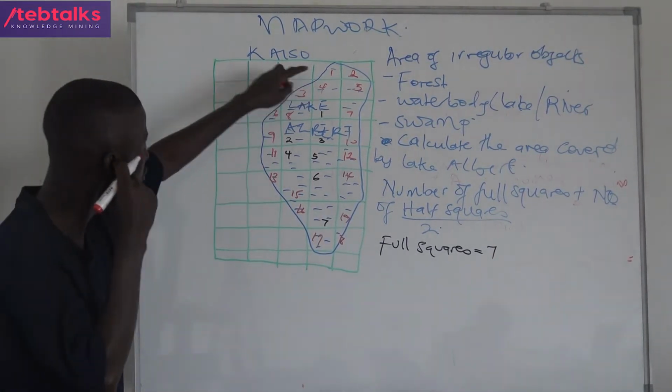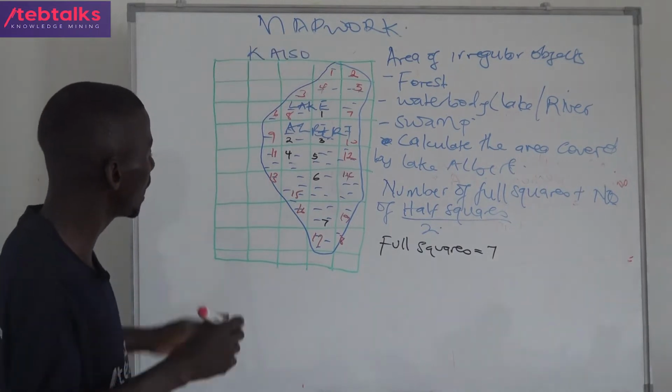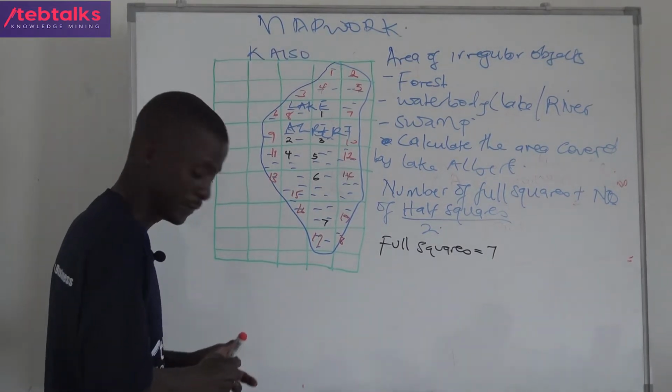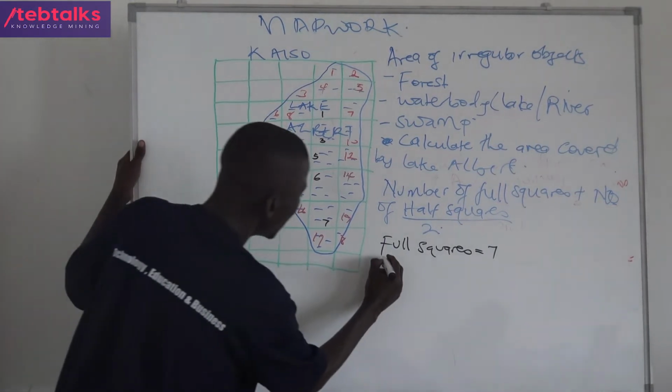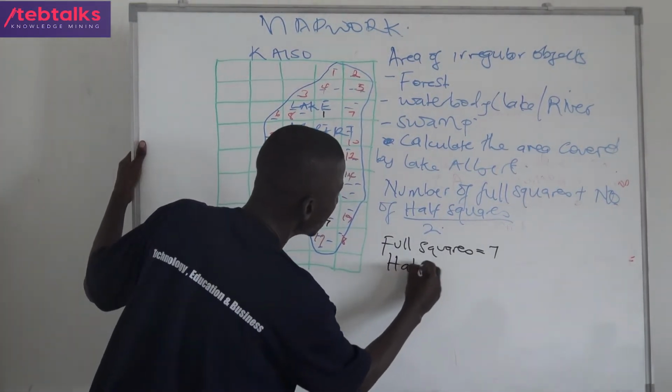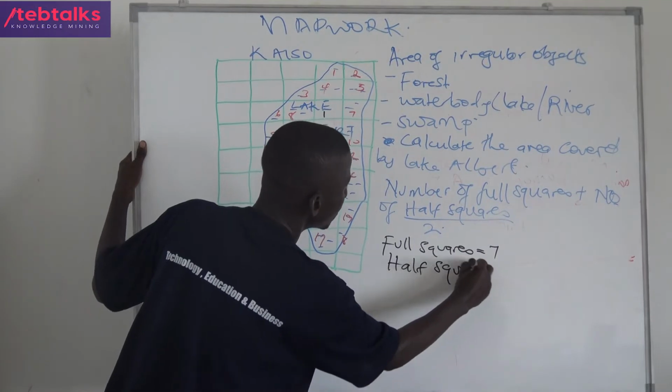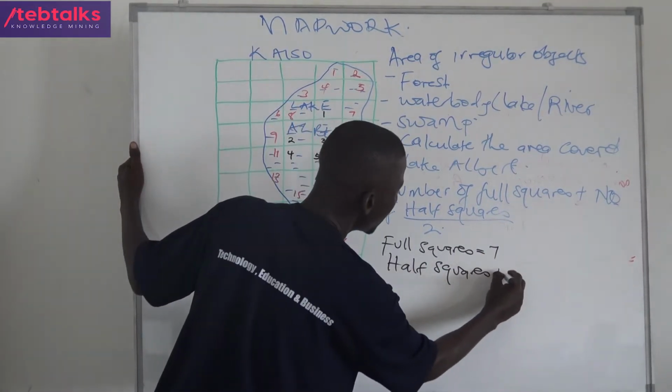So the ones which are not fully covered total up to 19. Half squares are equal to 19.